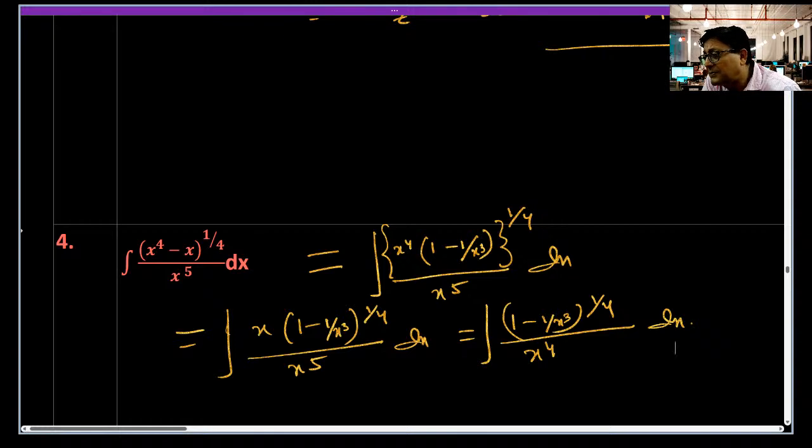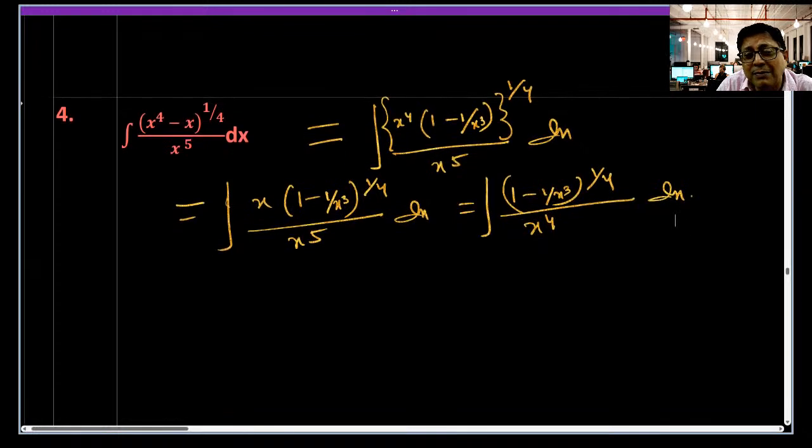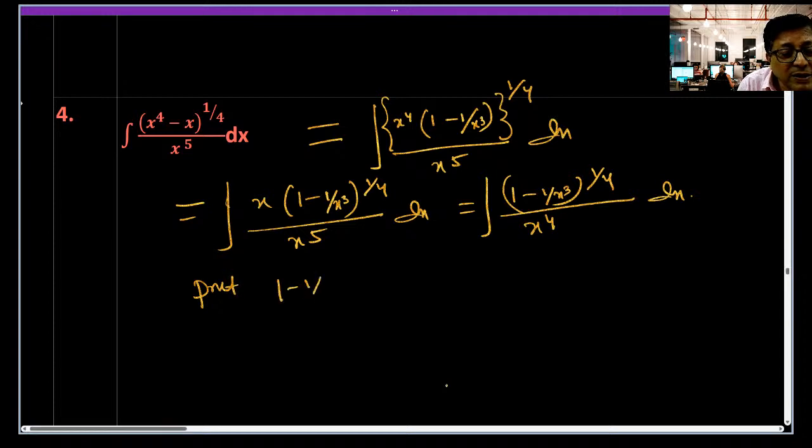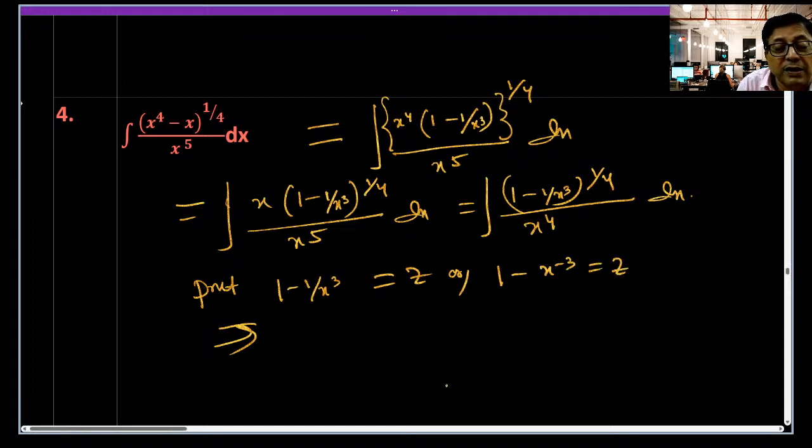Can you recognize? If I put 1 minus 1 by x cube equal to z, this implies, or you write, this implies differentiate this.